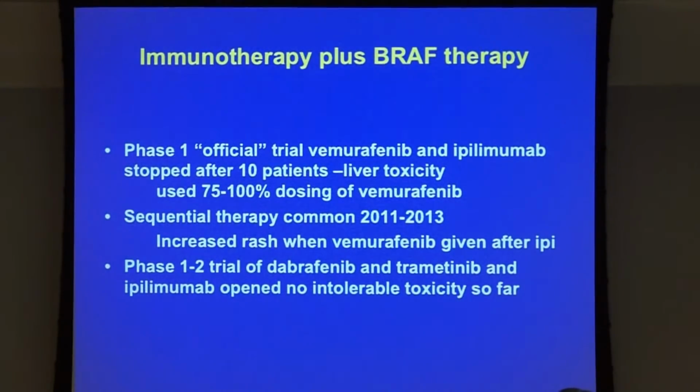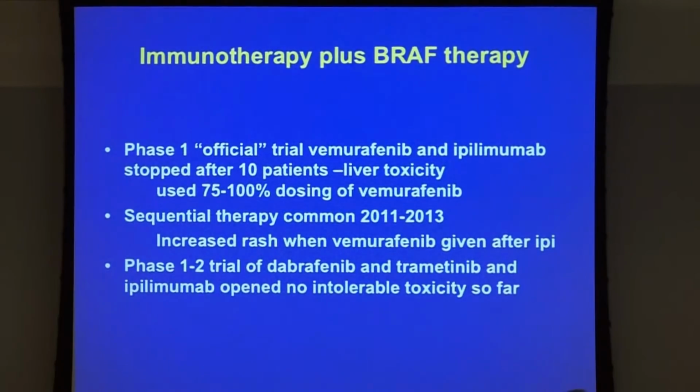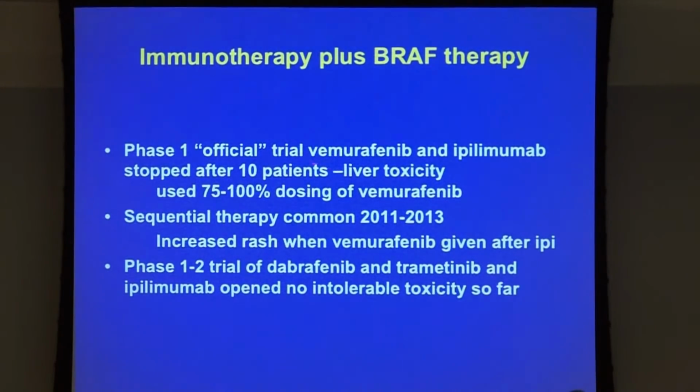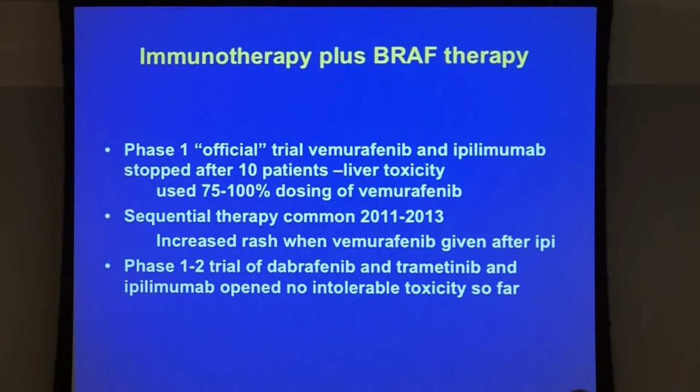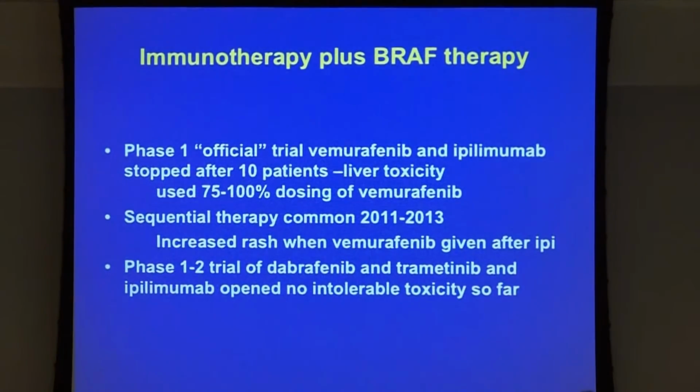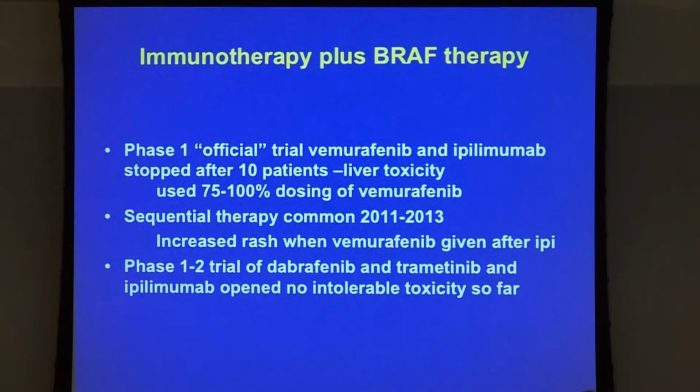And so what's being done on immunotherapy with BRAF therapy together? Well, the first official, and only actually published official trial, was of vemurafenib and ipilimumab. Unfortunately, the companies couldn't get it together to start the trial until both drugs were FDA approved in 2011. And neither drug company wanted to start with a low dose.